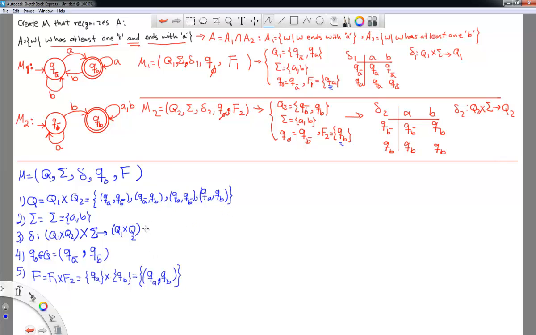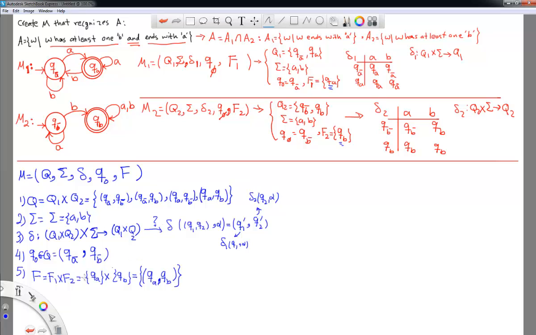Okay. Now I need to go and define delta. What is delta? Delta takes a pair, let's say Q1 and Q2, and then an input symbol. Let's call this alpha. And then it generates a pair Q1 prime and Q2 prime, in which Q1 prime is the delta 1 of Q1 and alpha, and Q2 prime is the delta 2 of Q2 and alpha.